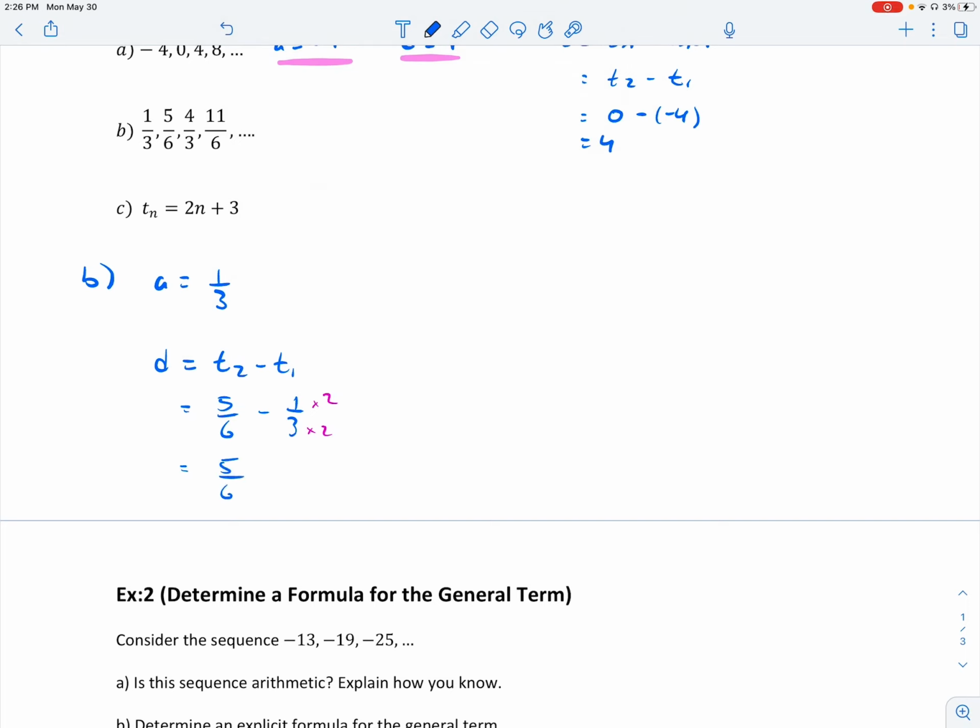So we have 5 over 6 minus 2 over 6. Now we have a common denominator, so we subtract the numerators. 5 minus 2 is 3, so 3/6, which is also a half. Therefore, d equals a half. So this is for part b.